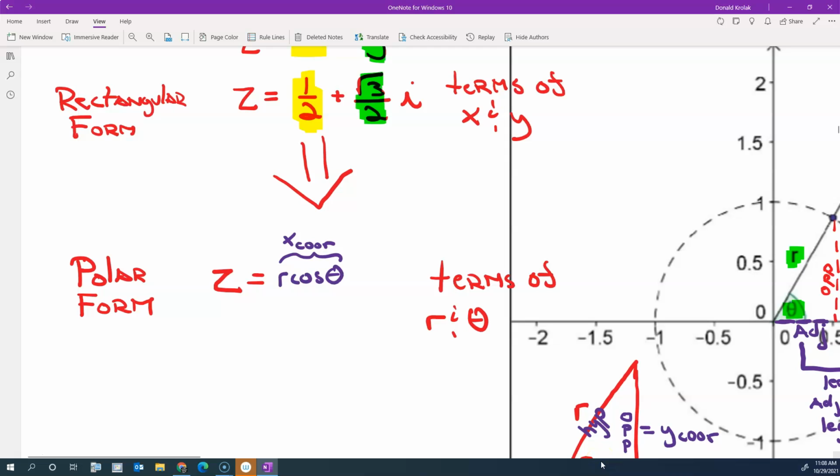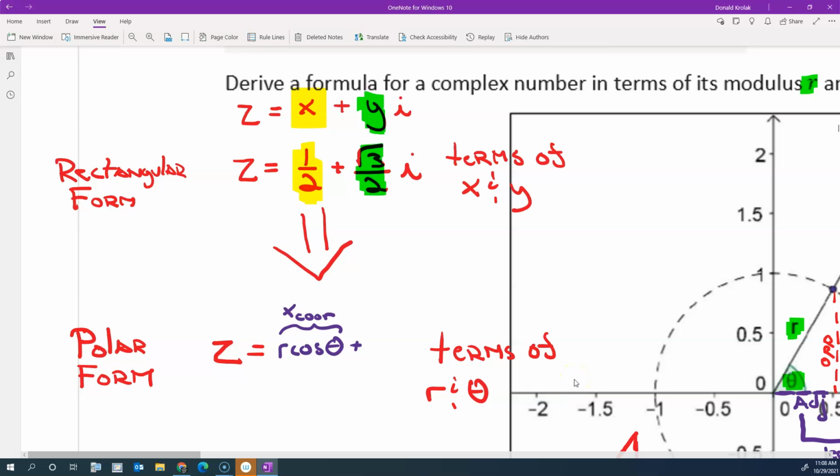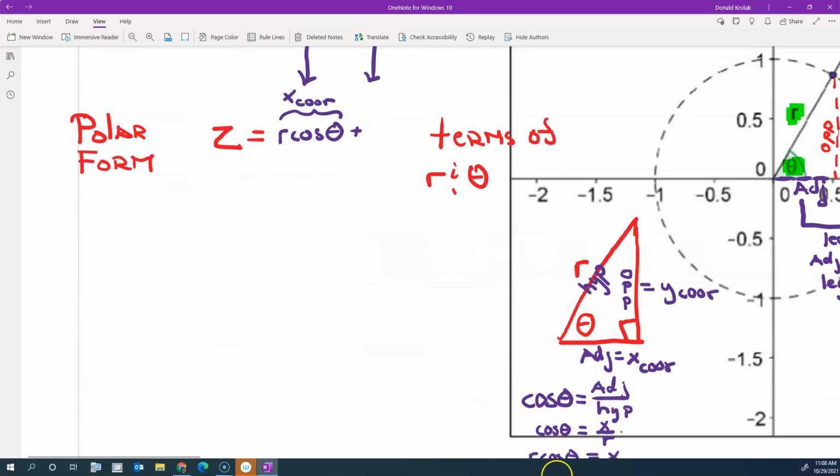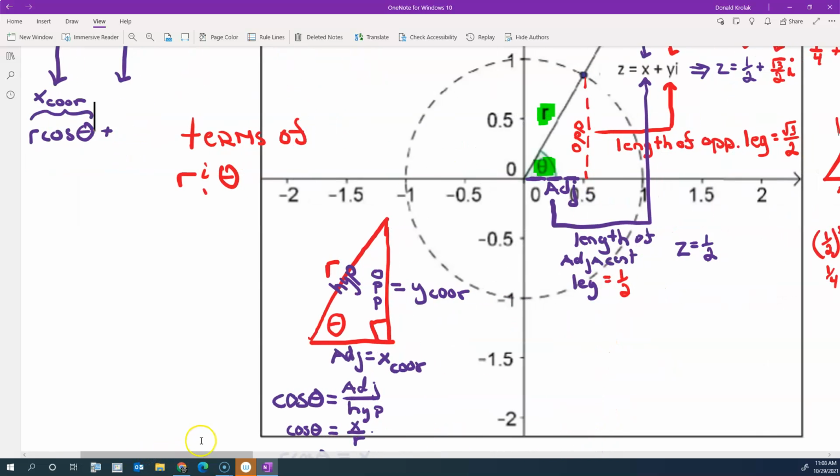But notice now it's in terms of the radius and the angle. Plus, this is the Y coordinate, and it's going to be the same as R times the sine of the angle.